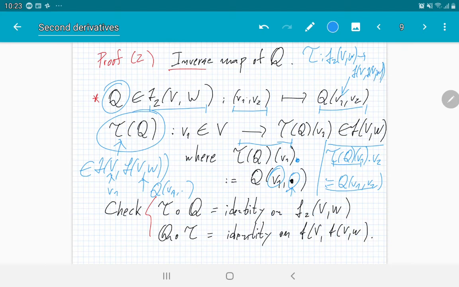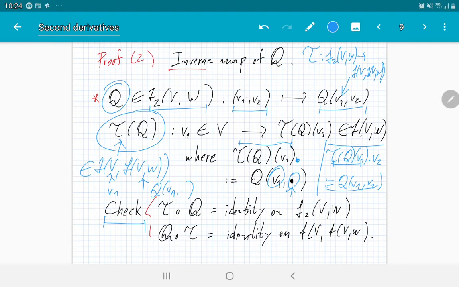The first thing is to show that if I give you a bilinear transformation, this new thing gives me a linear transformation from V to the set of linear transformations from V to W. And then you need to check that everything's bounded, but let's forget about that for a second. You have to check that in the end. As I said, there will be lots of things for you to check.